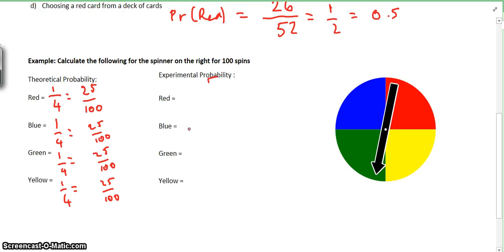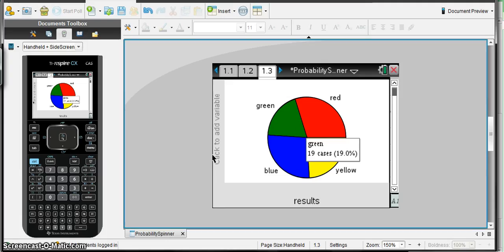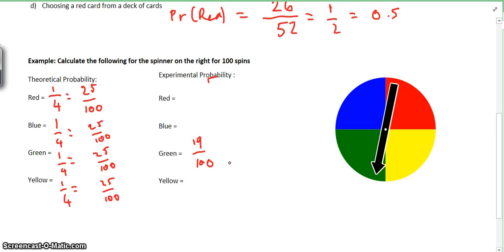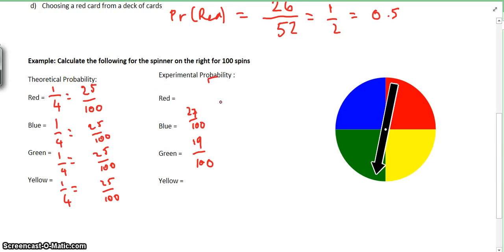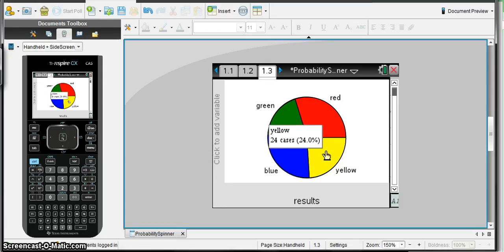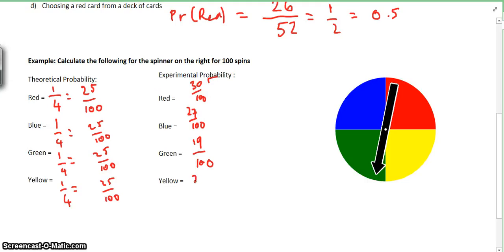Green came up 19 out of 100 times. Blue came up 27 out of 100 times. Red came up 30 out of 100 times. And yellow came up 24 out of 100 times.